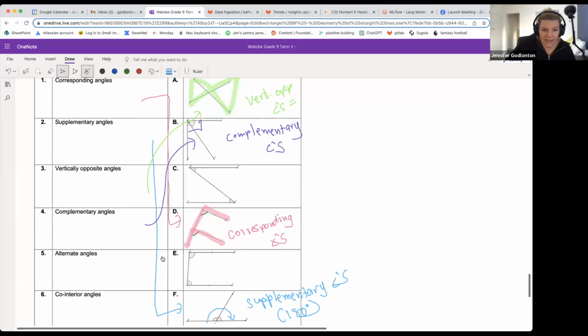Then we have alternate angles. You see the different color here. Alternate angles, this one over here. That's our Z. So there's our one parallel line, our other parallel line, and the transversal. And then our very last one, goodness, I'm in highlight mode, let's change that up.